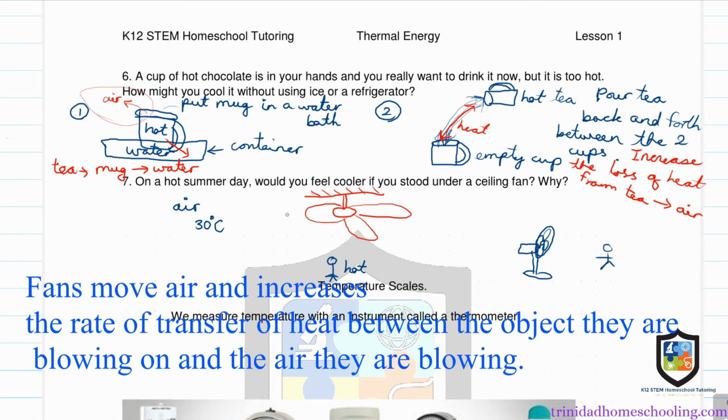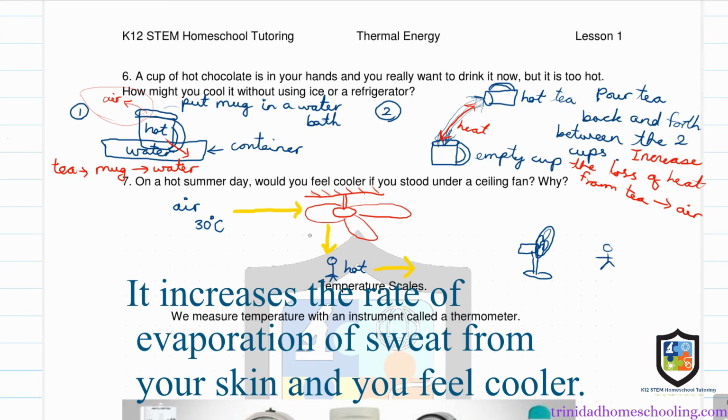So this fan here, what it does is pull this hot air onto you, but it also blows that heat from you away. So if you are sweating, it would increase the rate of evaporation of your sweat from your skin and you feel cooler.